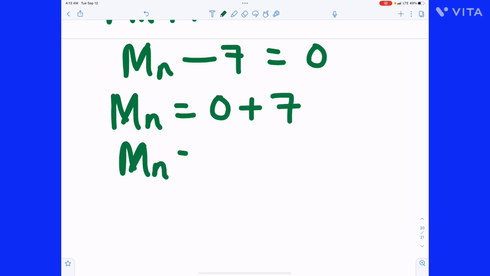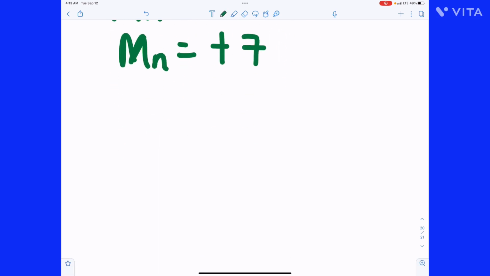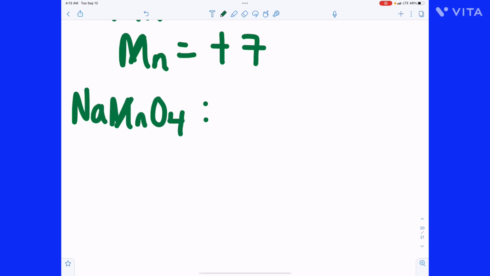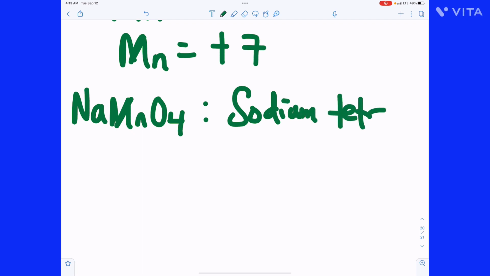So the charge of manganese is plus 7. The compound is NaMnO4. We call it sodium tetraoxo. Let me write that well.